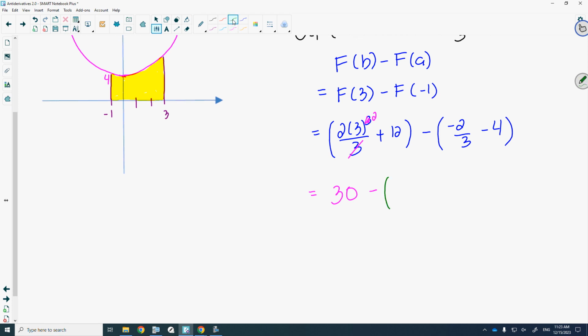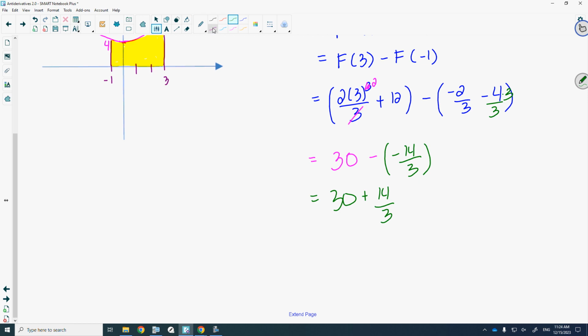Minus, let's get common denominators here. So -2/3 minus 12/3 is -14/3. So this gives me 30 plus 14 thirds.